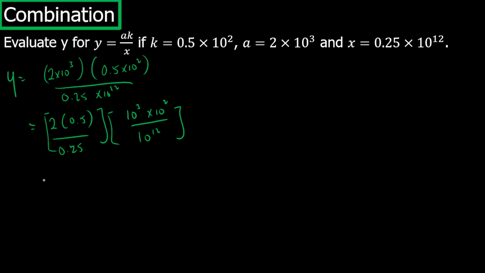So 2 times half is 1, and 1 over 0.25 is 4. 3 plus 2 is 5, and 5 minus 12 is negative 7. So that's 10 to the power of negative 7. That's how you deal with it if it's a combination.